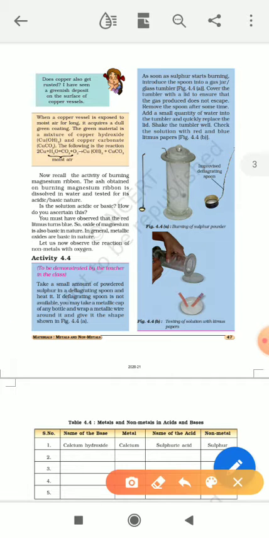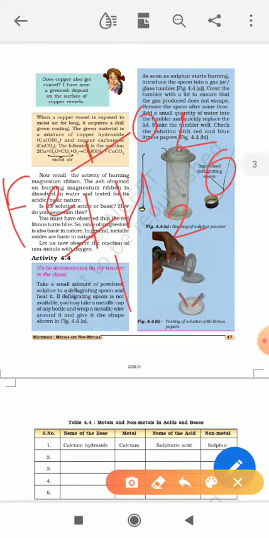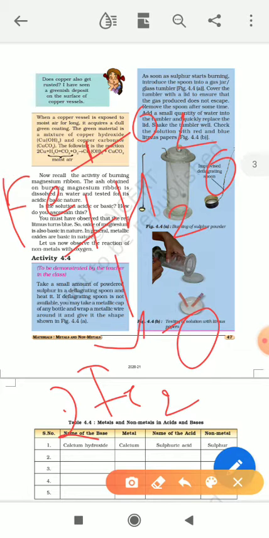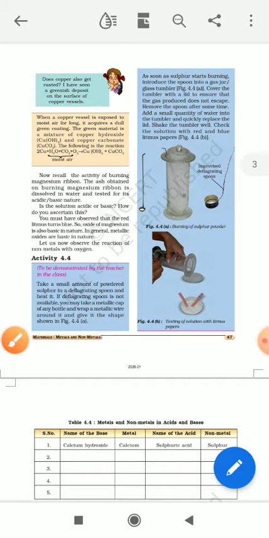One example: when iron reacts with oxygen and water, it produces iron oxide. Clear. So iron oxide is one example. You can tell whether iron oxide is a base or an acid, and you can prove it with the help of litmus paper.